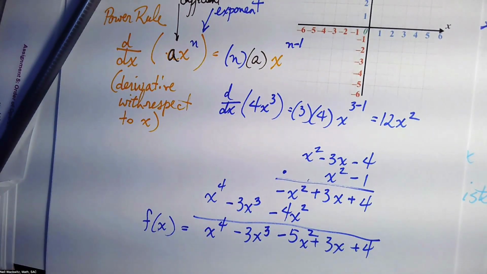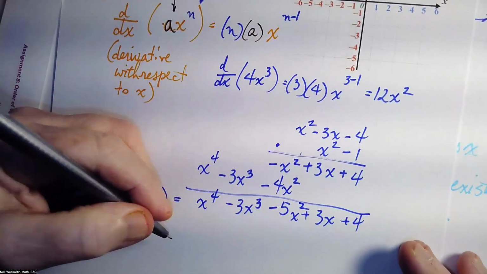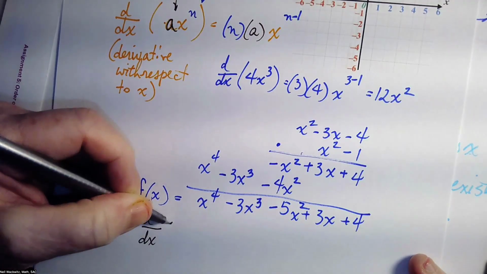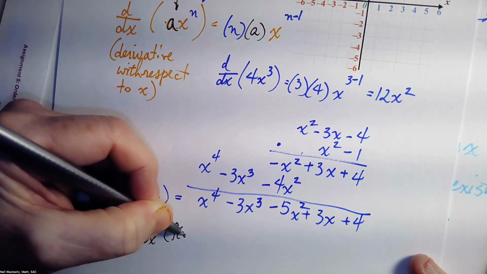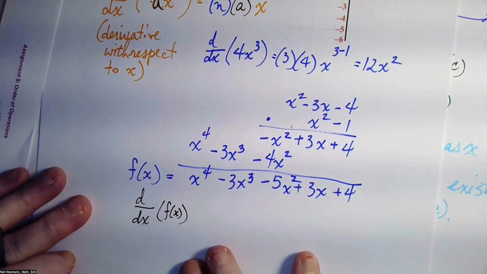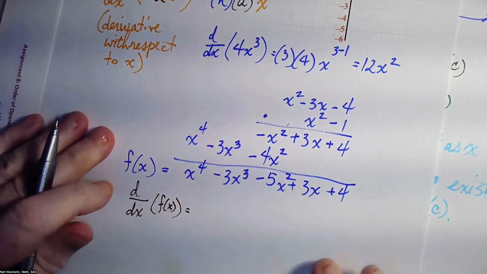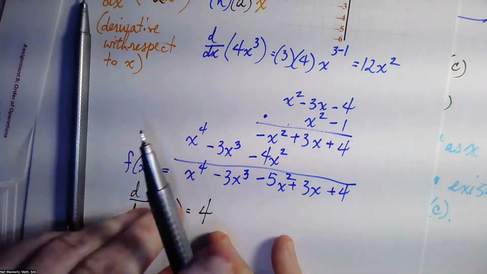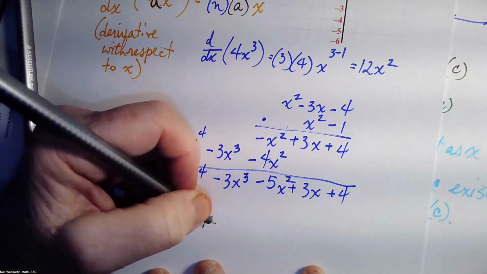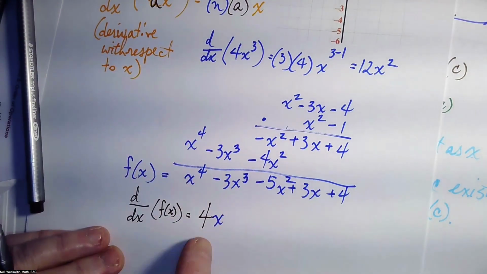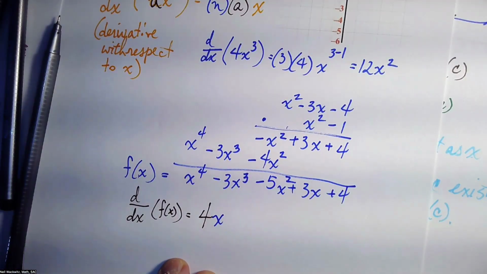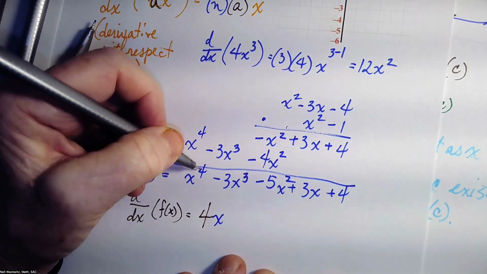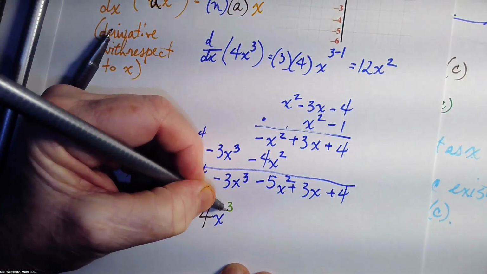Here the exponent is 4. Then we have x. The coefficient is 1, so I didn't write that in. And then the new exponent will be 4 minus 1.